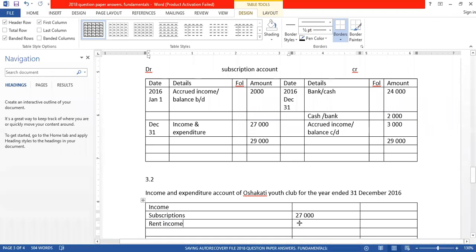So that's an income that we have there. So we record the 1,000. And then we move on.